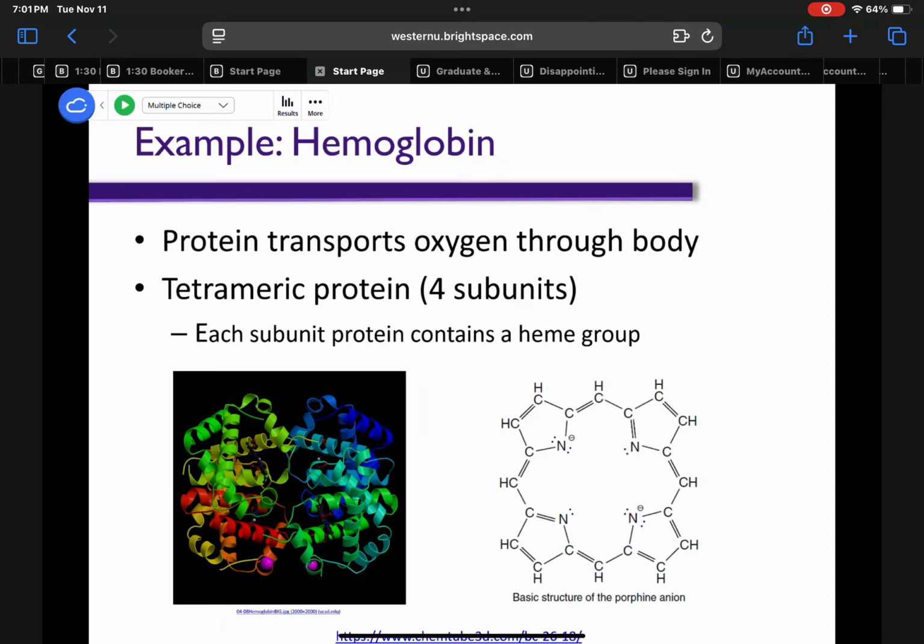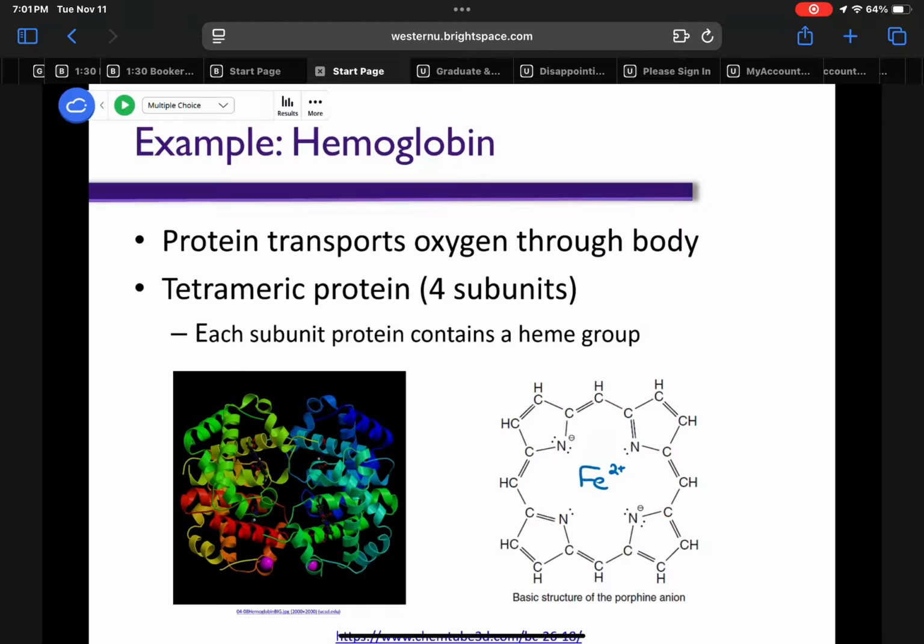The final example that I want to talk about today is in hemoglobin. And as we started with this class, iron 2+ is a really important transition metal cation that you need in your body. Hemoglobin transports oxygen through your body and brings it from your lungs and out to your extremities.